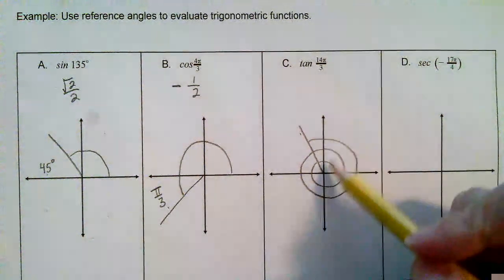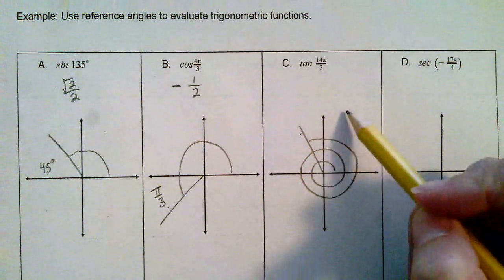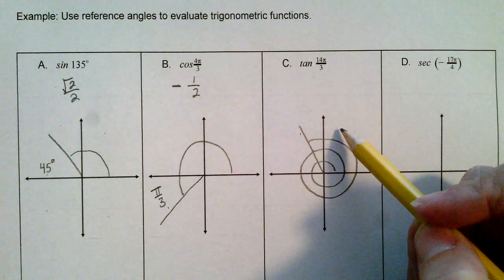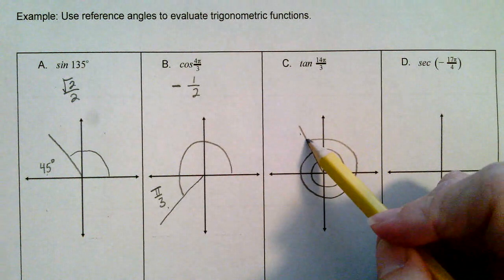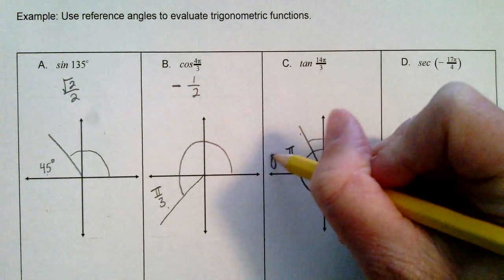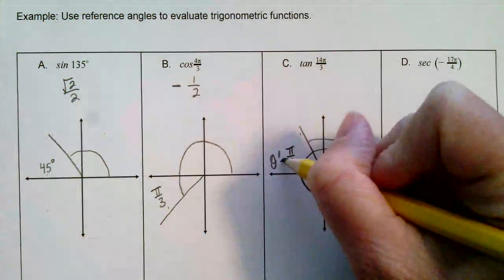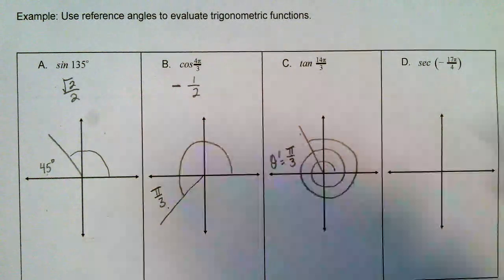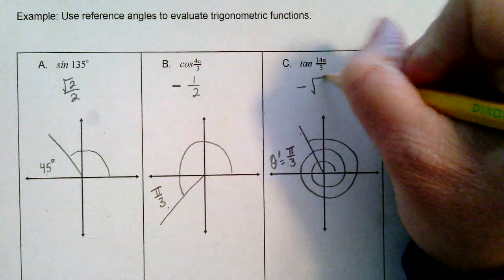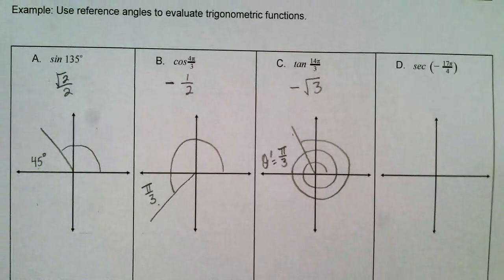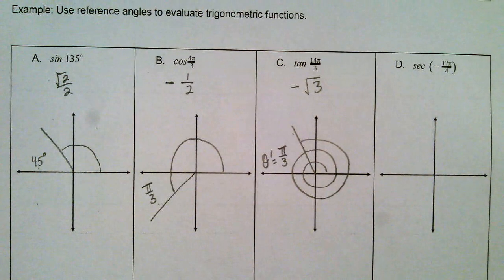Again, I've memorized that first quadrant, so I know that the tangent of pi over 3 is going to be square root of 3. And that pi over 3 is my reference angle. So I have square root of 3, but I also know because I'm in the second quadrant that it'll be a negative.